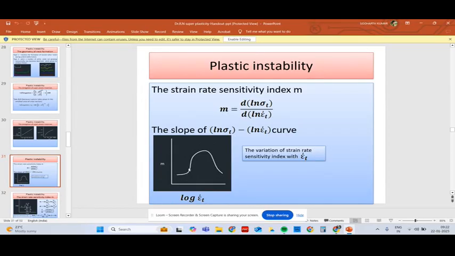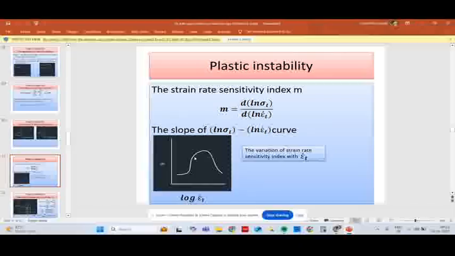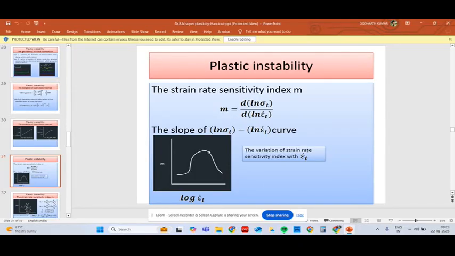Here the m value increases, reaches the maximum value and then drops. Here the m value is very low, so superplasticity is not possible. In this strain rate range, superplasticity is possible. Superplasticity is taking place in this region. In this region, superplasticity is being lost.